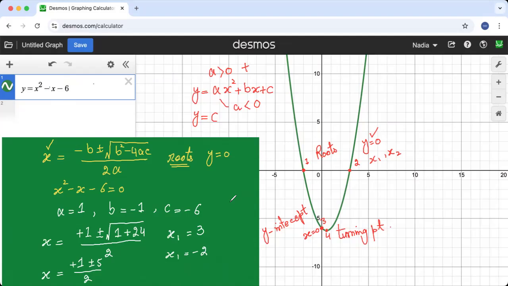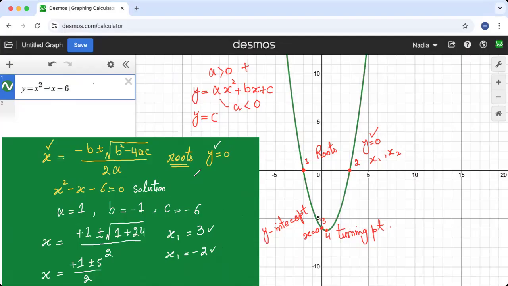So roots are conditioned here, you can see, when y is equal to 0. So it means that this equation can be satisfied with these two values of x, and these are the only two solutions of this equation when y is equal to 0.